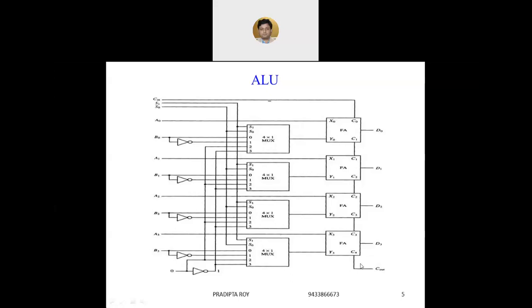So you can see all the combinations of addition and subtraction can be found with this arithmetic circuit. And as multiplication is nothing but repetitive addition and division is nothing but repetitive subtraction, all the basic arithmetic operations can be done with this arithmetic circuit.